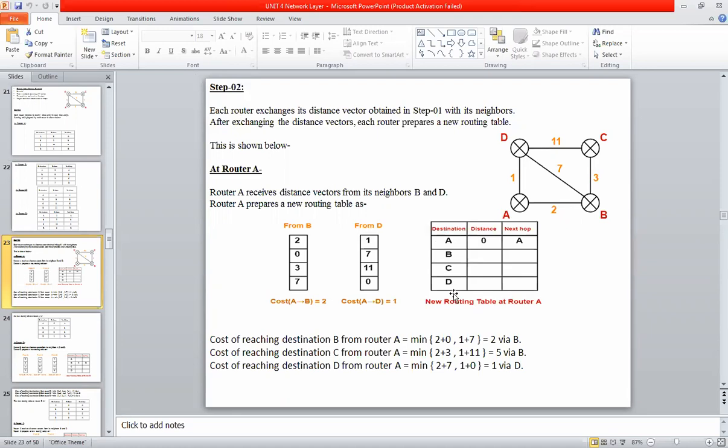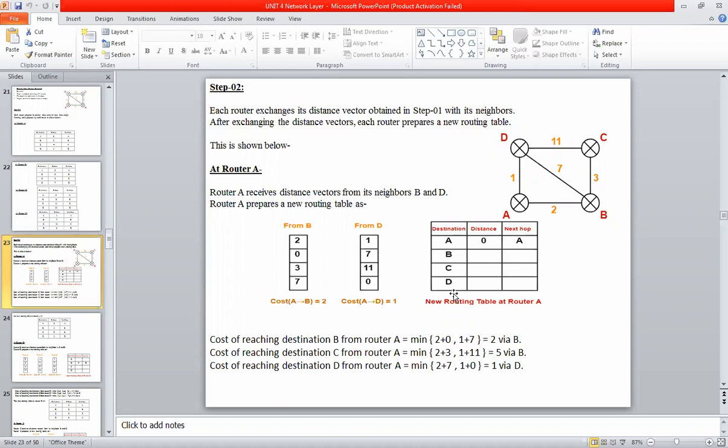In the initial stage, we updated the tables with respect to the routers A, B, C, D. In step 2, we consider the same routers as A, as B, as C, or as D. We are going to update that table by using the least cost path.